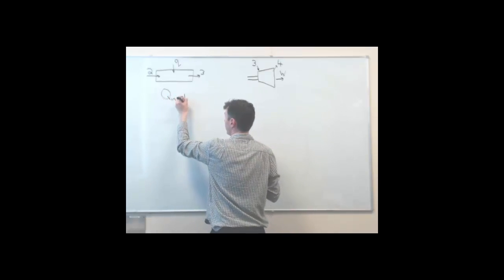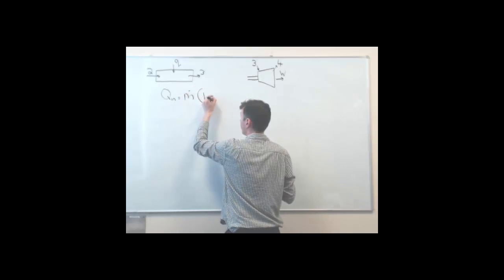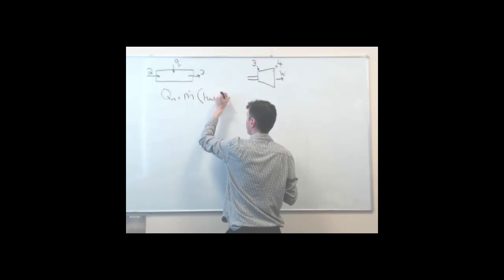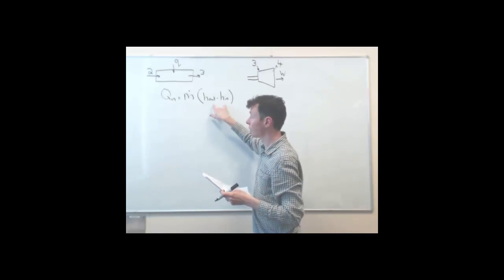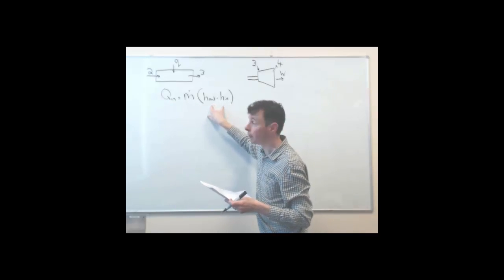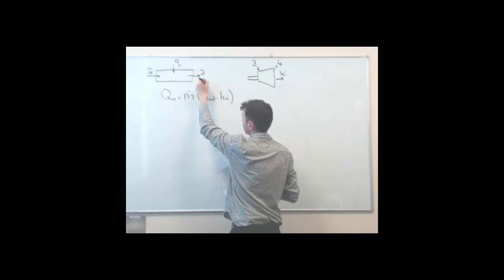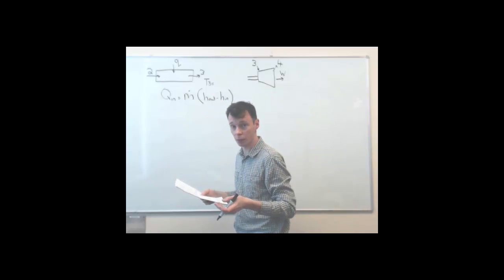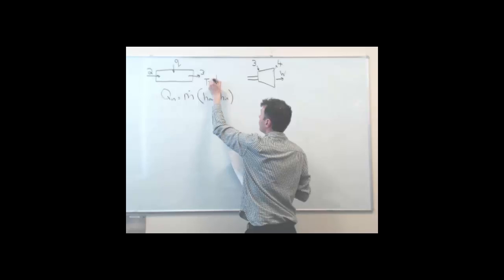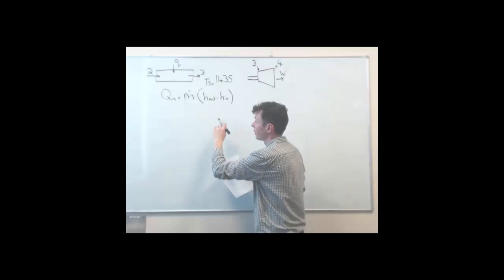So we can just write heat in is the mass flow rate multiplied by the difference in enthalpy, and obviously this equals Cp times delta T. So we've got T3, which is given in the question. Again, convert it into degrees Kelvin: 1435. So we can write this out in full now.